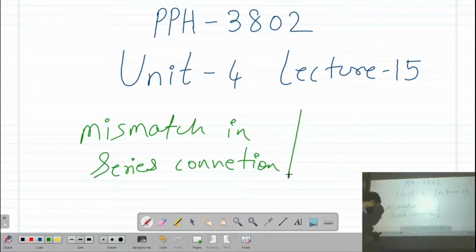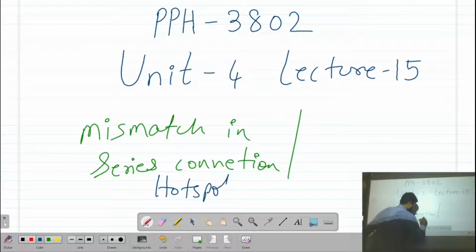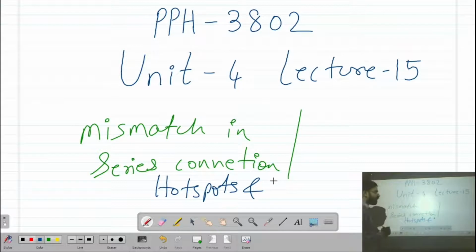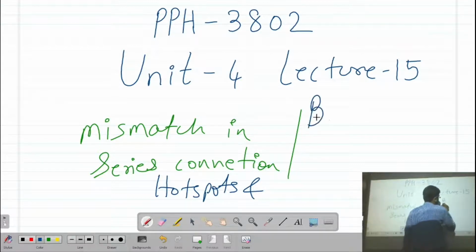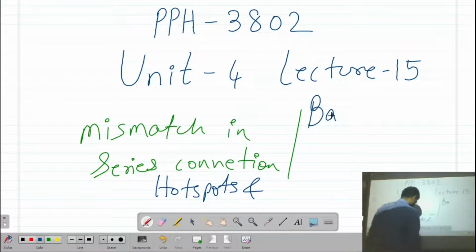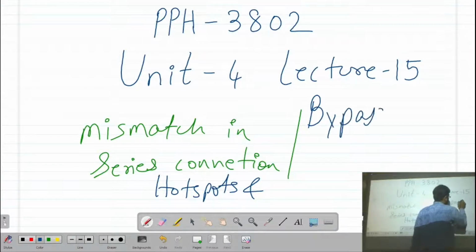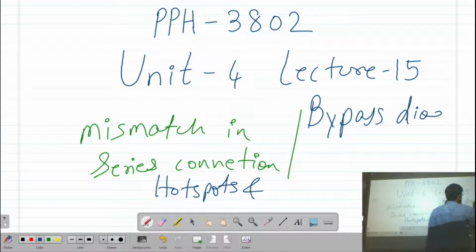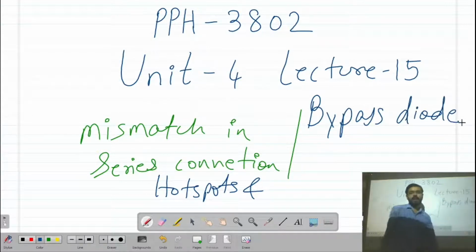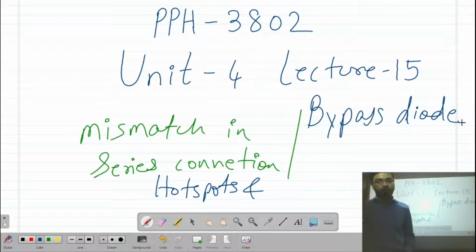Then we have seen hotspots and bypass diodes. What are hotspots and how we can get rid of hotspots using bypass diode, right?